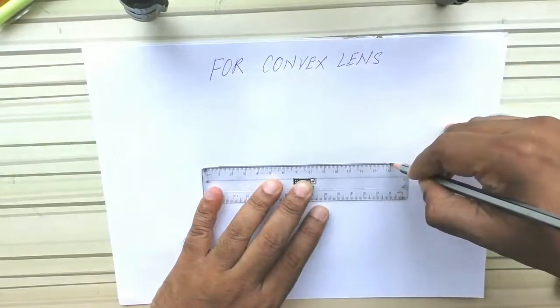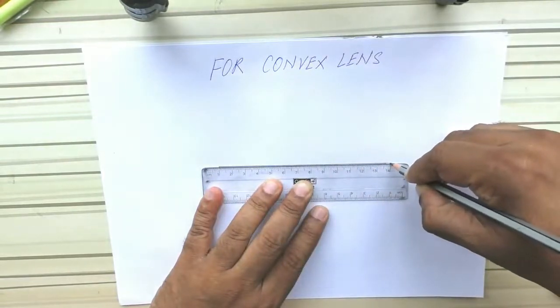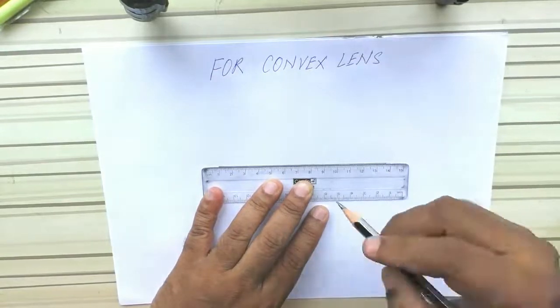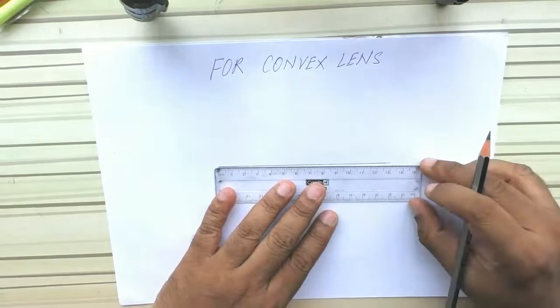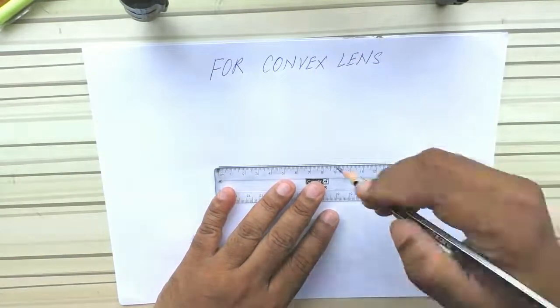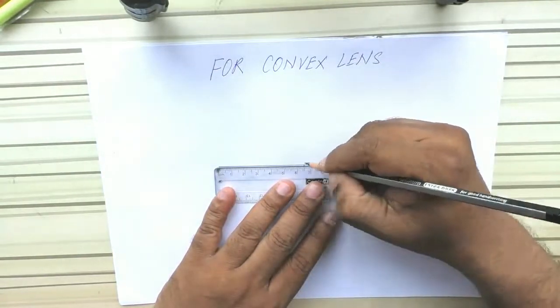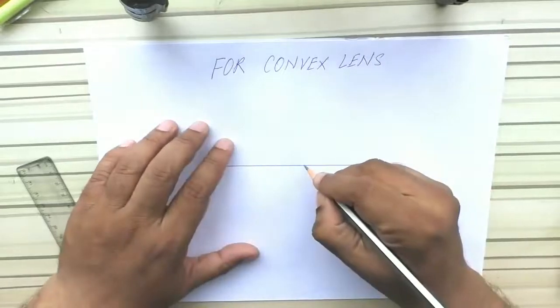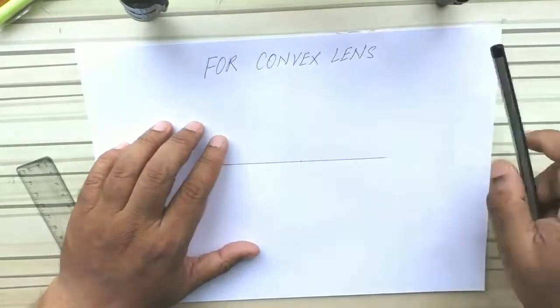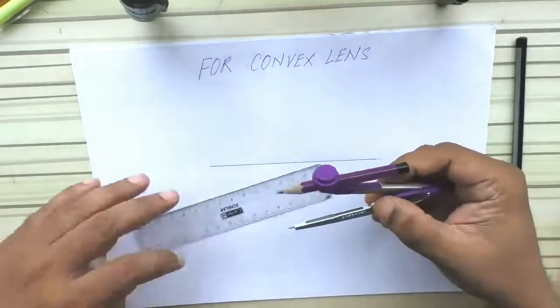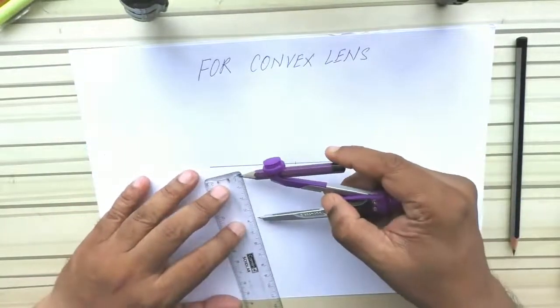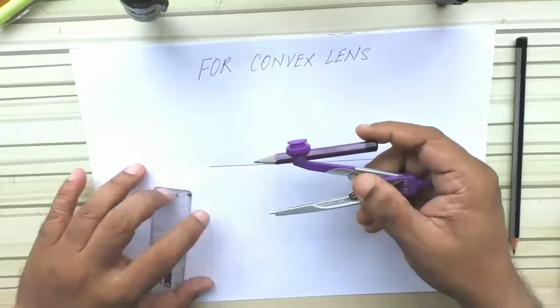I have drawn here around 13 centimeter length, and so center point is 6.5, so mark the center point 6.5, and then here this is around 4 centimeter.